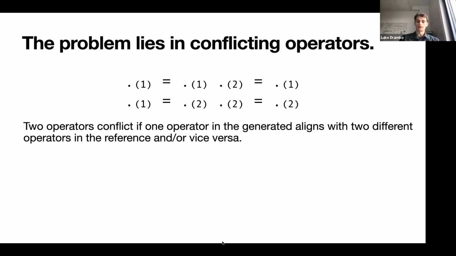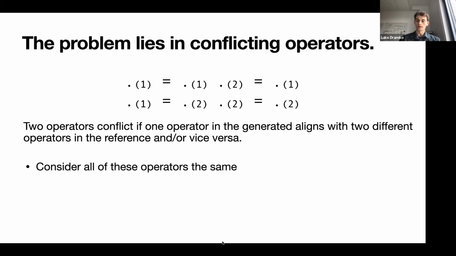Thus, if you just use transitivity of equality, this says that the first attribute access in the reference is the same thing as the second attribute access in the reference, which is a bit weird. So you have two separate operators that are actually the same operator. And between these four equivalences, you have lots of these little conflicts.